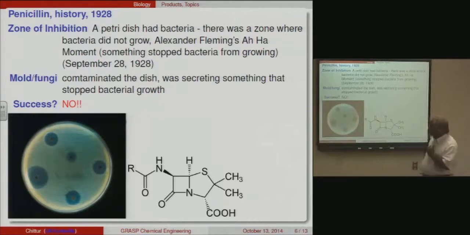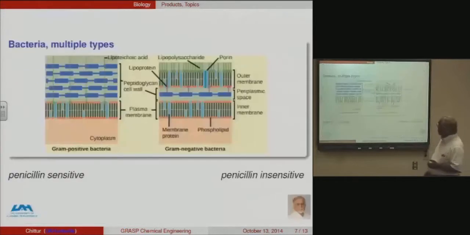This was approximately 1928, and it has a structure as you can see here. What was also interesting and fortuitous, really, to Alexander Fleming was that the bacteria he was growing in that petri dish happened to be sensitive to penicillin, which was being made by another bug, if you will. That bacterium happened to be gram-positive bacteria.